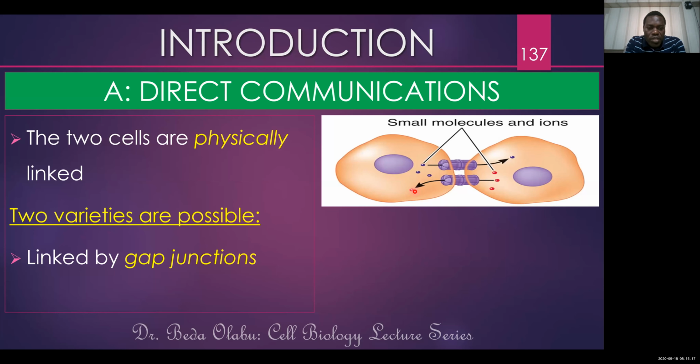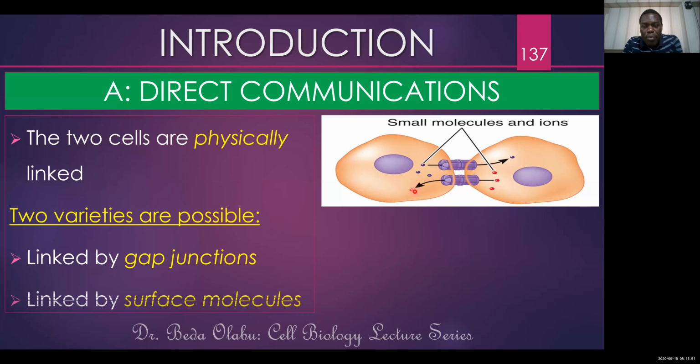Communication through gap junctions is an example of direct intercellular communication. Examples of cells that communicate through gap junctions include smooth muscle cells and cardiac muscle cells. Adjacent cells will communicate through such junctions, and communication through gap junctions is usually very fast.